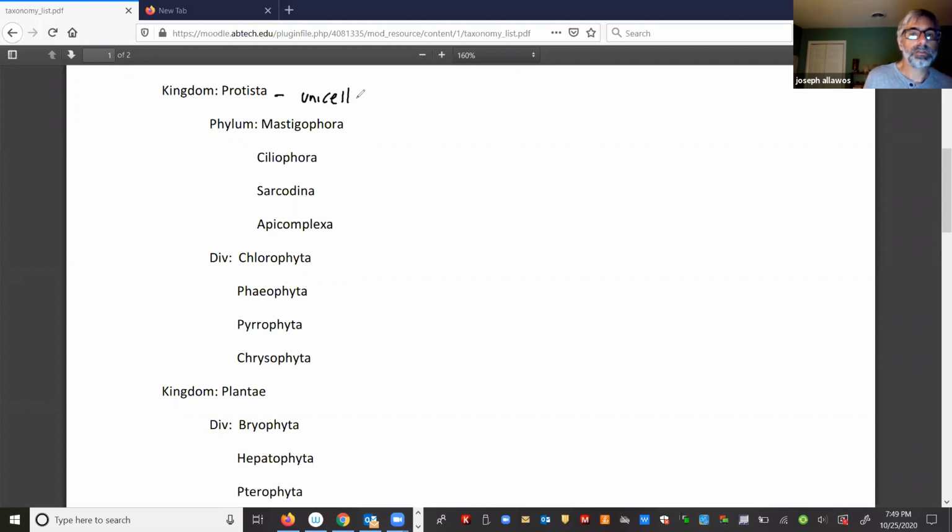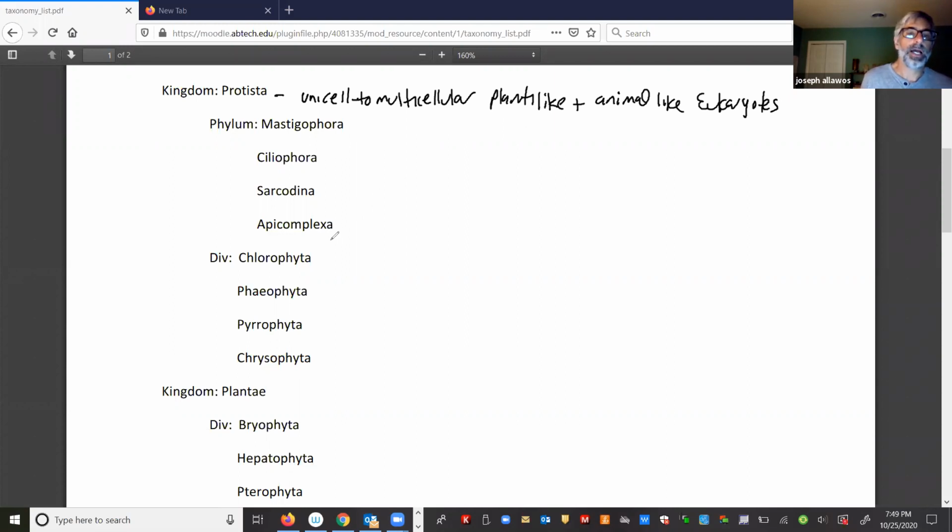unicellular to multicellular, plant-like, and animal-like eukaryotes.